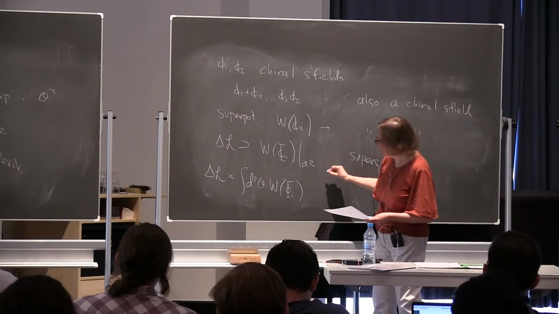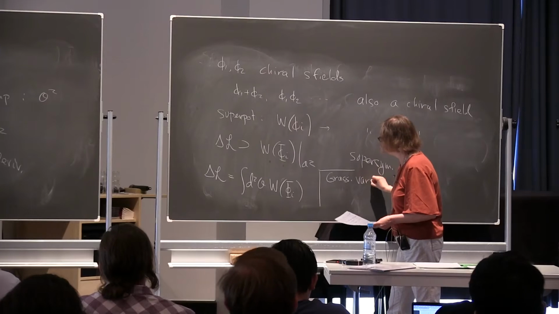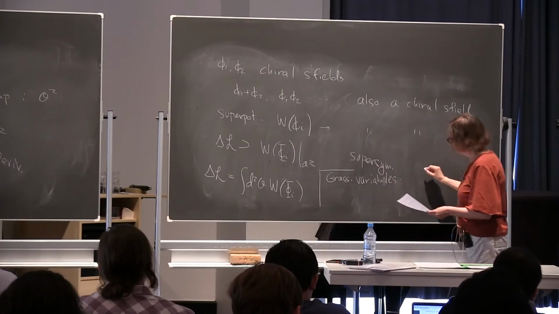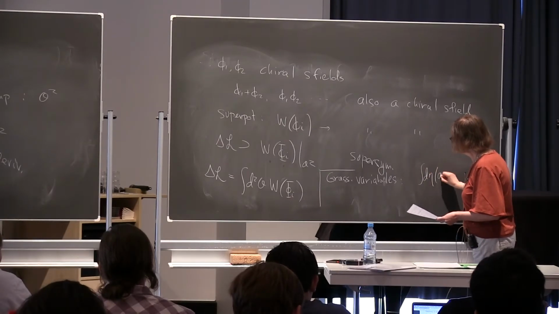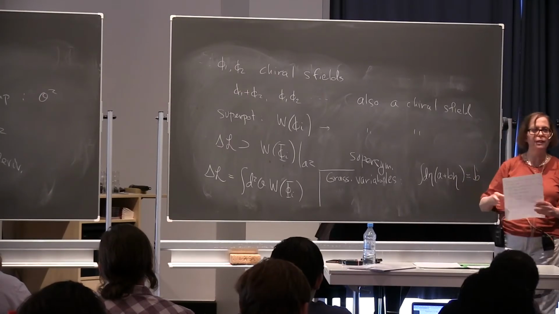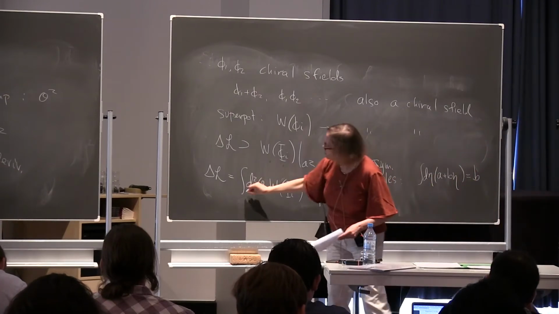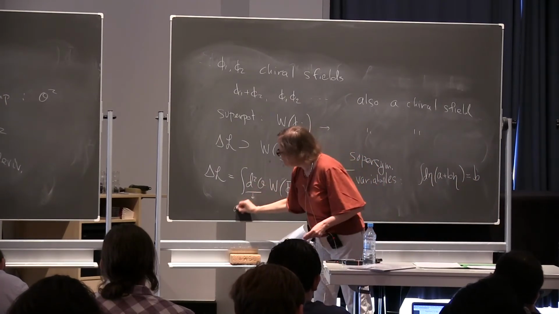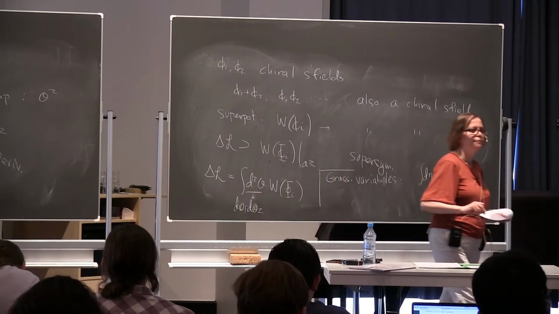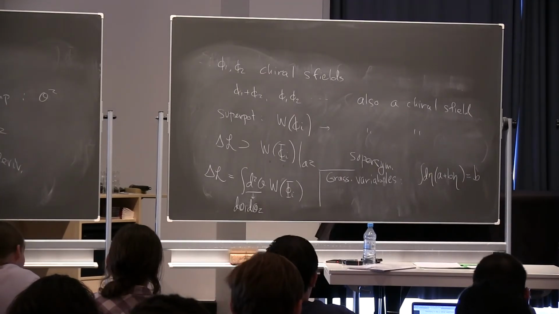What we need to remember for Grassmann variables is that the integral d eta of (a plus b eta) is equal to b, where eta is Grassmannian. In this case, we have two Grassmannian variables, d theta 1 and d theta 2. So taking the d squared theta integral is just taking the theta squared component.